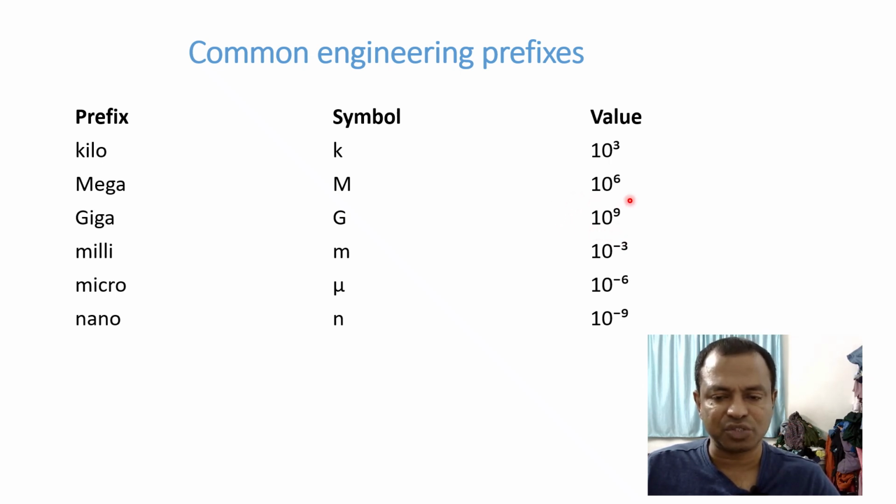Megapascal means 10 raised to 6 pascal. Kilopascal means 10 raised to 3 pascal. Then for small values, milli, small m is used, that is 10 raised to minus 3. Micro, mu is the symbol used, 10 raised to minus 6. Nano, small n, 10 raised to minus 9. So these are some of the common prefixes used.